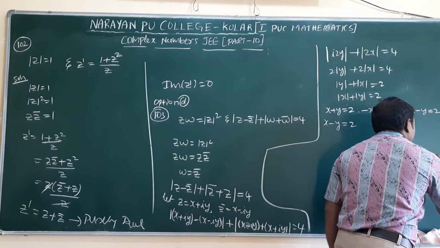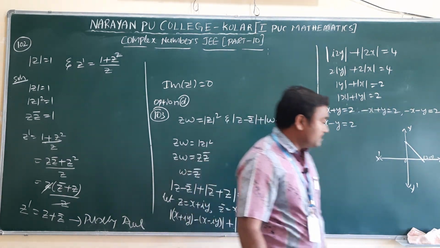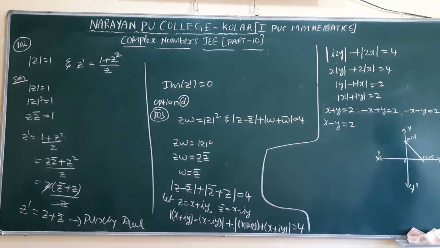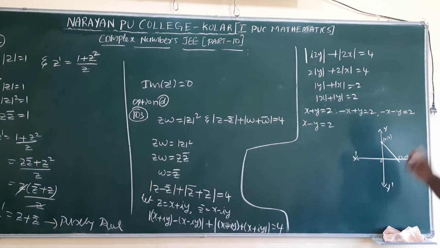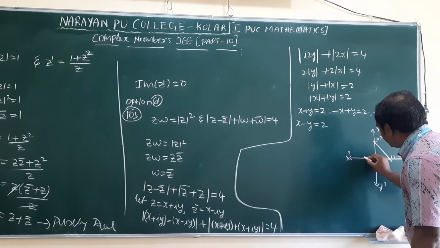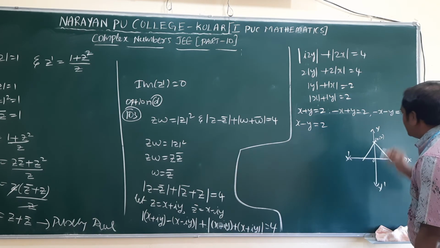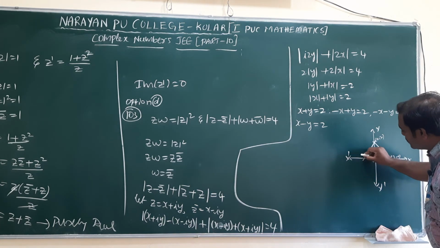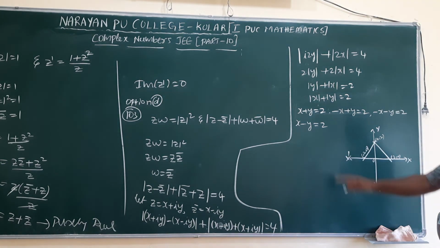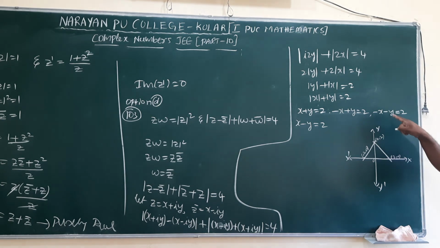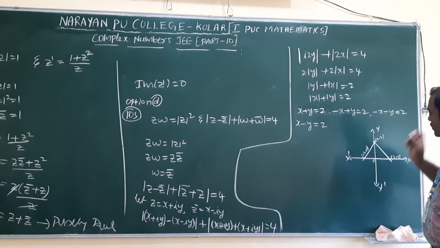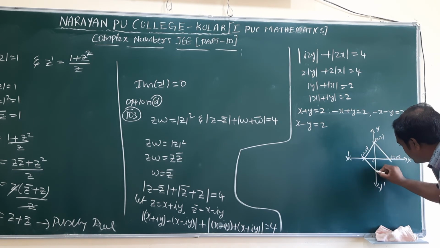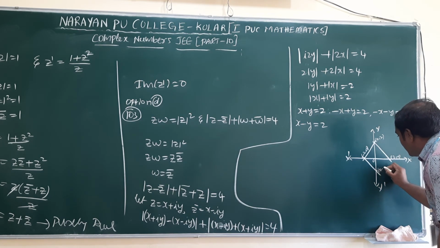In the first quadrant, x plus y is equal to 2, the points are (2, 0) and (0, 2). Next, minus x plus y is equal to 2, with points (0, 2) and (minus 2, 0). Third quadrant, minus x minus y is equal to 2, with point (0, minus 2).